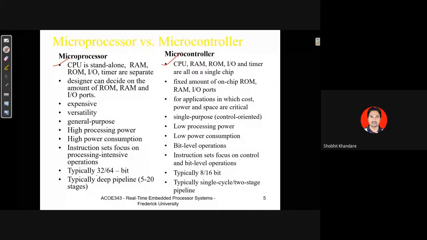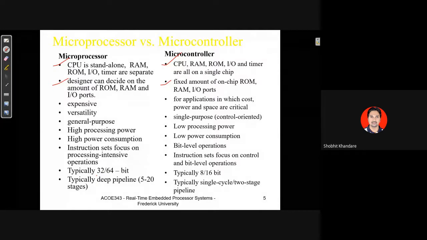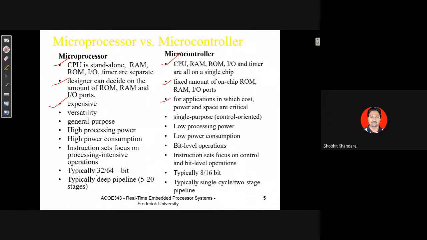Second, designer can decide on the amount of ROM, RAM and IO port because वो मुझे अलग से लगाना है. यहाँ पे fixed amount of on chip ROM, RAM, IO port. Okay. This is expensive. This is for application in which cost, power and space are critical.